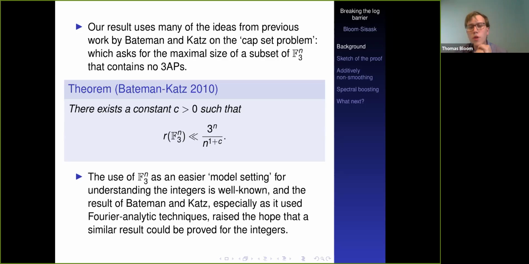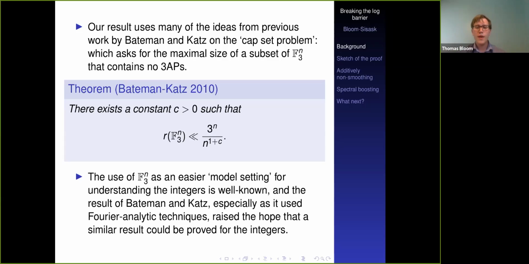For a long time, since the mid-90s, there was a Fourier analytic argument of Meshulam, which in some sense was an F3 to the n version of what Roth did in the 50s, that established an upper bound of 3 to the n divided by n. And there the matter stood for a long time until this breakthrough result of Bateman and Katz, where they proved an upper bound, still a little bit below this logarithmic barrier, of 3 to the n divided by n to the 1 plus c.